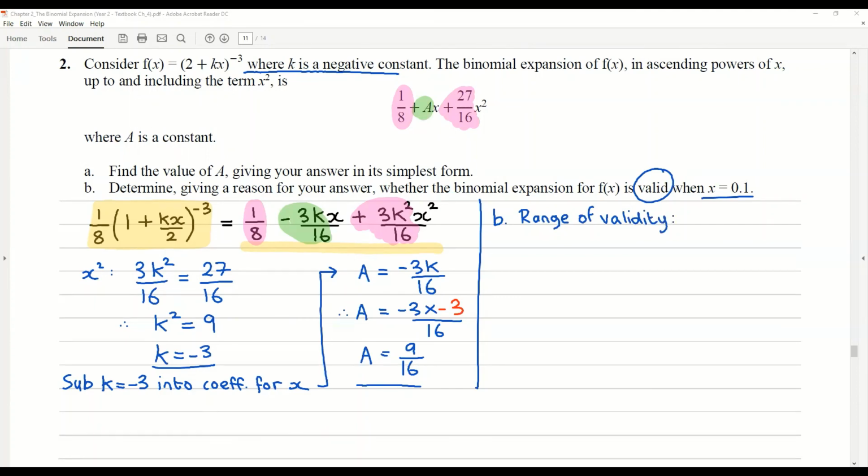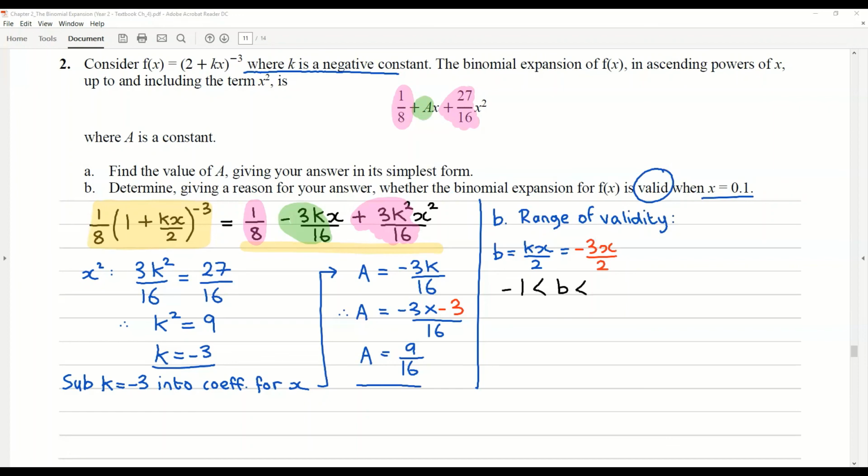Now the b value, which has gone from the screen, was kx over 2. Which we now know, substituting in our k, is negative 3x over 2. So if we set up the inequality, we'll get this for our range of validity.